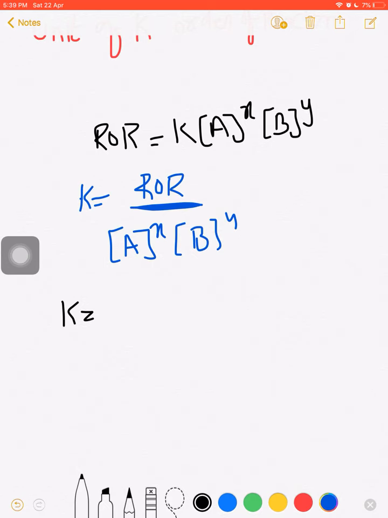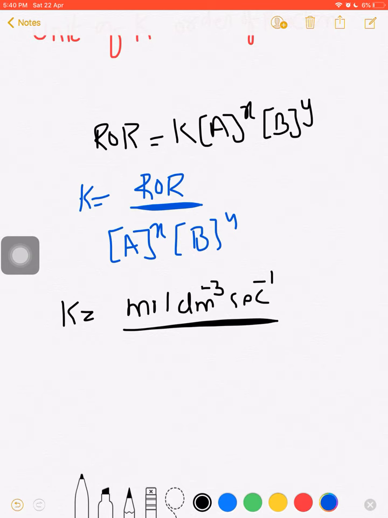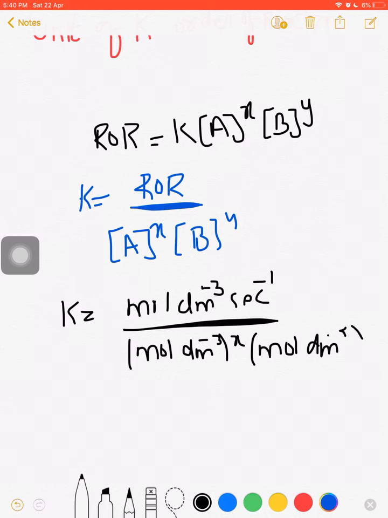We know the unit of rate of reaction is mole per dm cube second inverse, and the unit of concentration is mole per dm cube, raised to x and y.